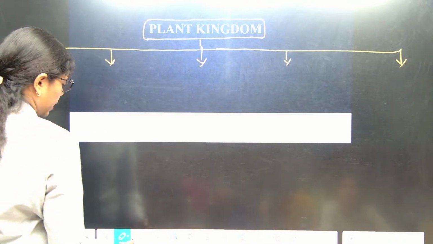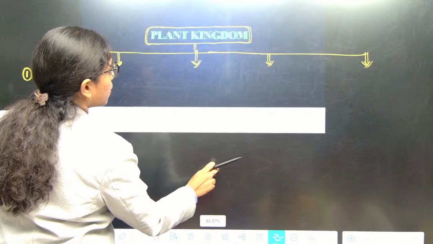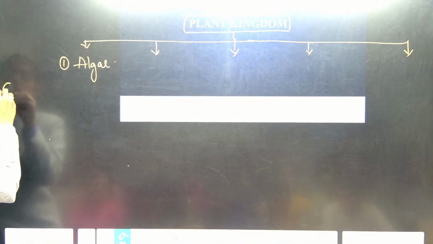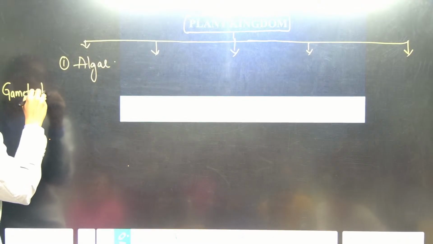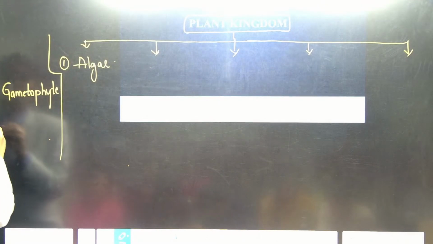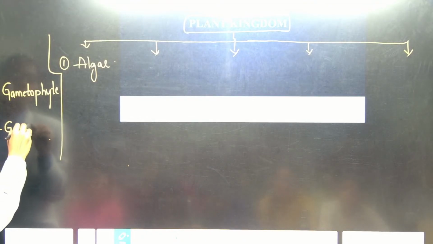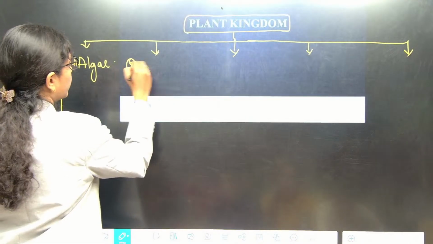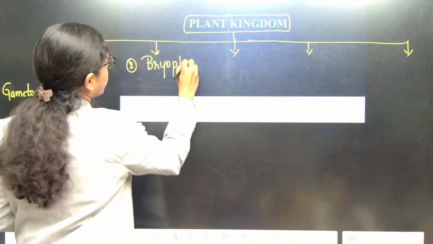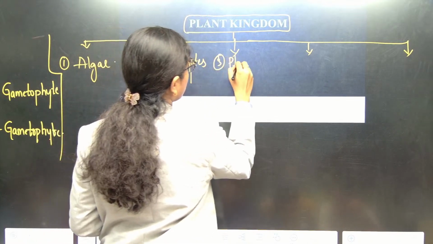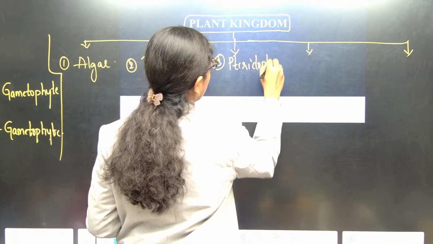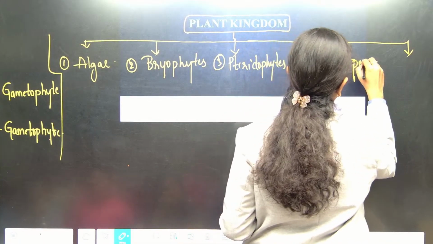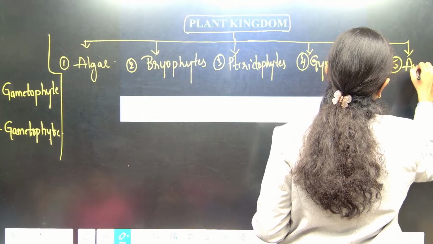Male gametophyte and female gametophytes, of algae, bryophytes, pteridophytes, fourth, gymnosperms, angiosperms.